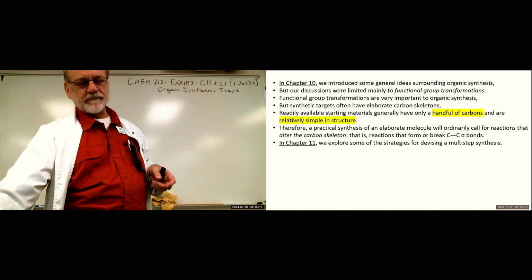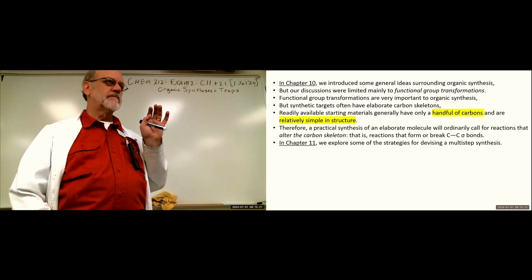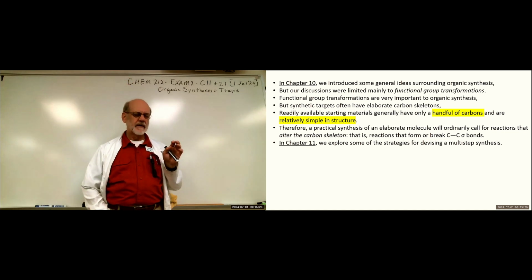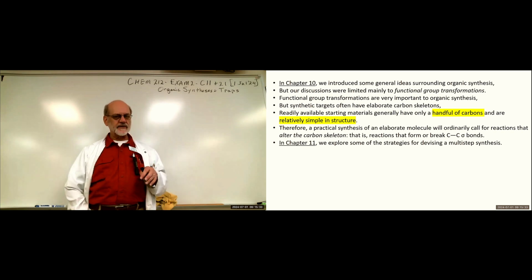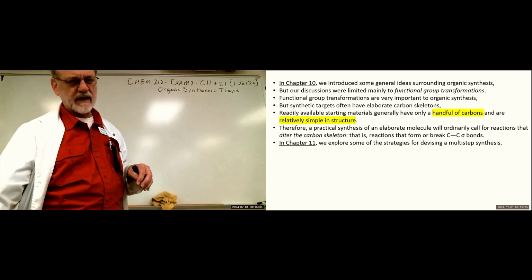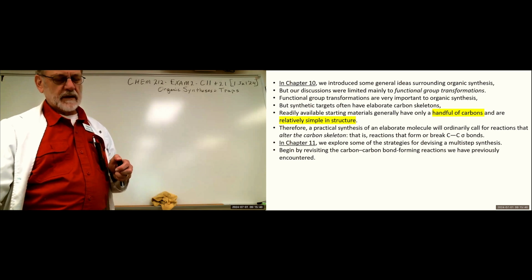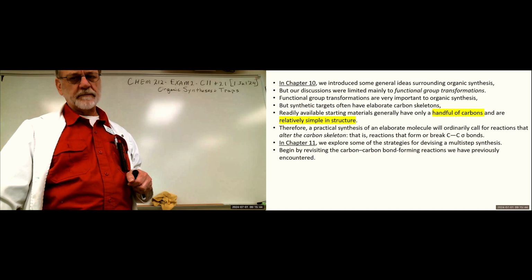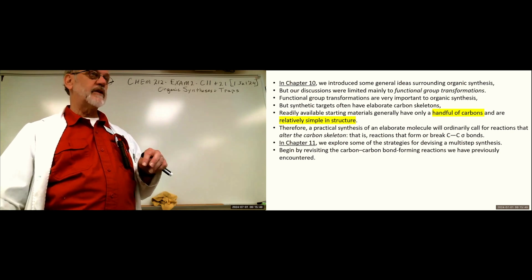So in chapter 11, we're going to look at a method for the logical proposition of a multi-step synthesis. And I think I mentioned that once before. It's called retrosynthesis. You actually work backwards from the product. You look at the bonds that have to be broken, the bonds that have to be formed, and then you just reverse it.